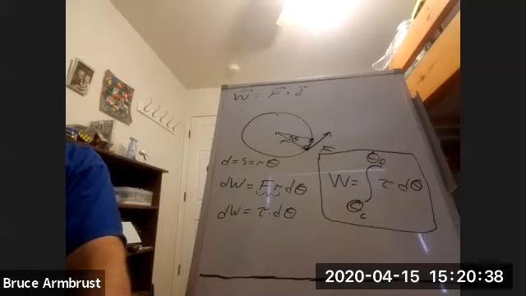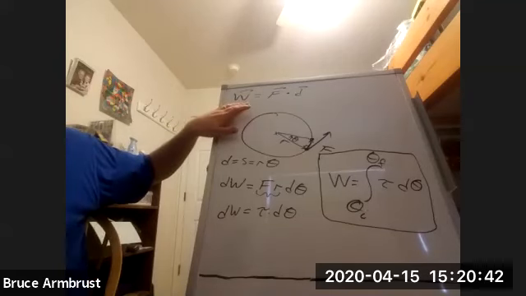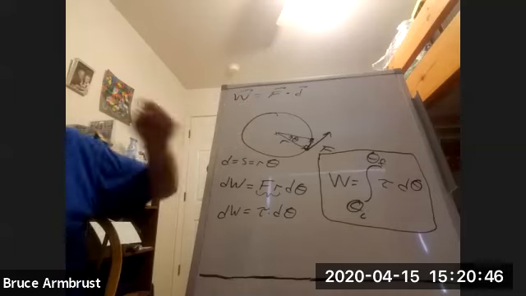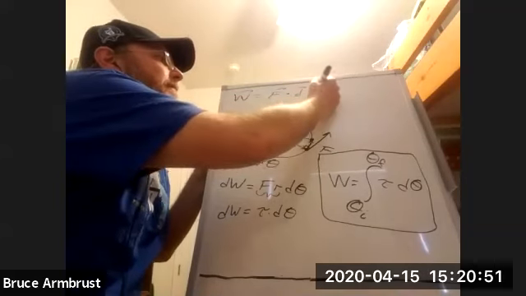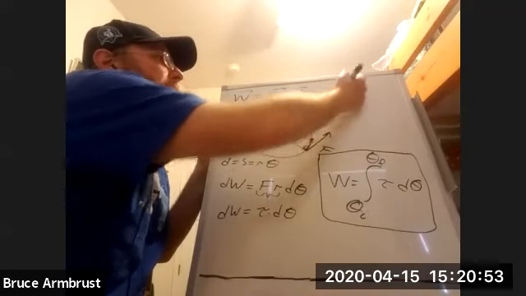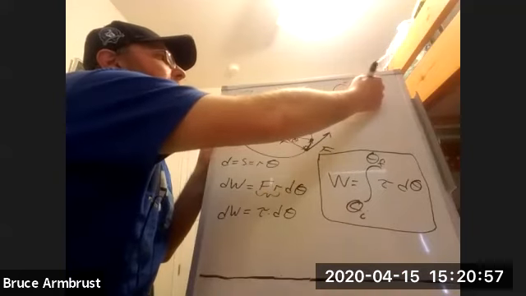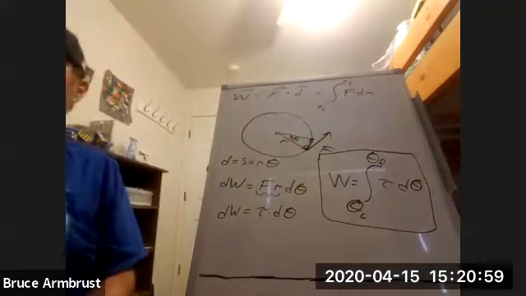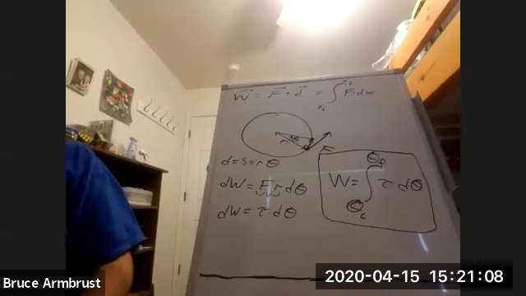Now, if this looks familiar, it should, because when we did work linearly, and we looked at little differential distances, this was the integral from some initial position to some final position of F dx. Does that look familiar? Kind of remember that? Yeah. So again, do the direct translation.